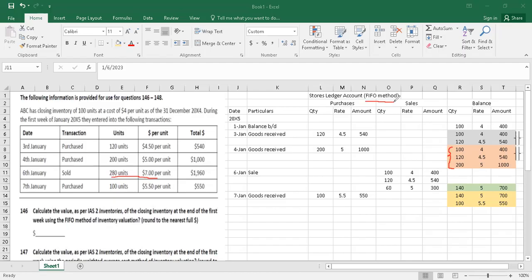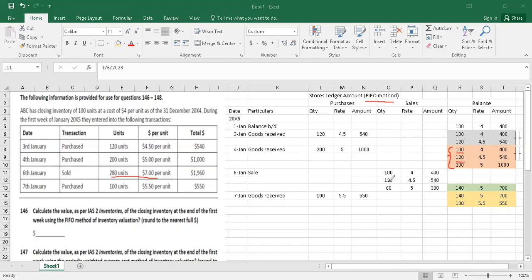But 280 units are not available in the first lot, only 100 units are there. So account for those 100 units at 4 per unit, which is 400. Next, the requirement is 280, so 100 is already accounted for. Then take the second lot, 120, which has a rate of 4.50 per unit, so the value is 540.